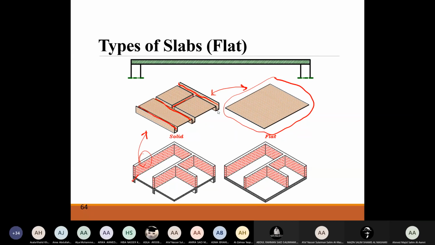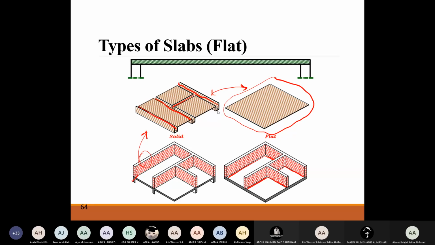In the case of a flat slab, you will see that there are no beams normally supporting your walls, which are very heavy. So that's why normally the flat slab is going to be a little bit thicker than a solid slab. It's normally starting from 250 and above for the thickness of the slab.